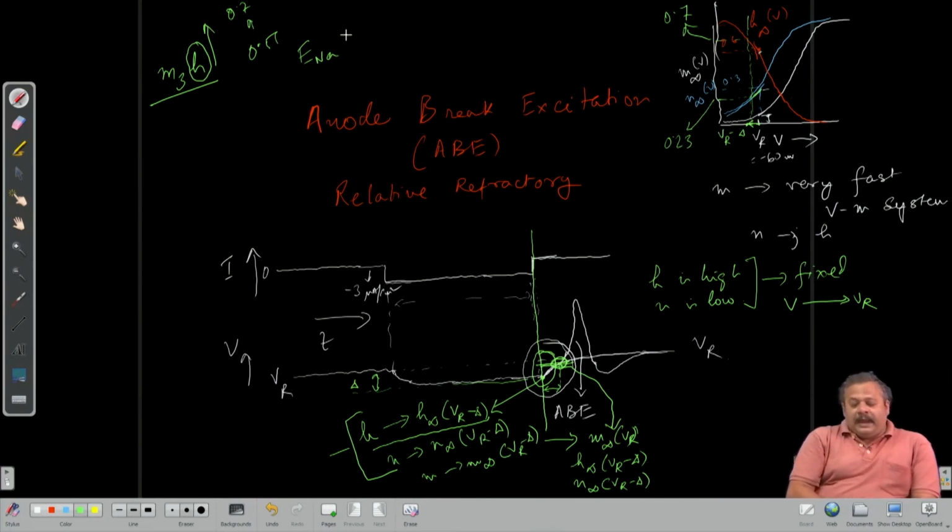Similarly, N, which is the potassium activation gate, is lower. That is, our N to the power 4 has decreased, and now the role of N is to make the potassium ions go out.